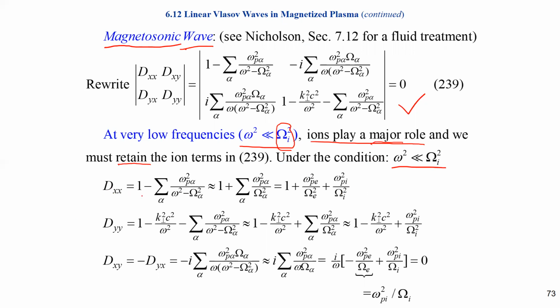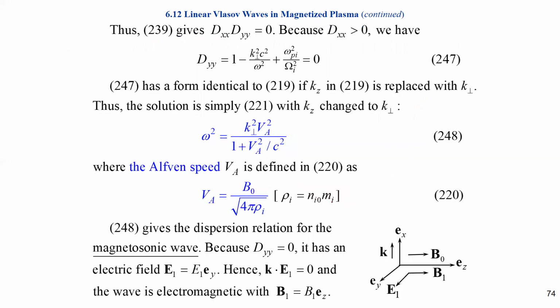So dxx here, in addition to the electron term, we must retain the ion term. So since dxx equals dyy times dxy, dyy equals 0, we have this one.